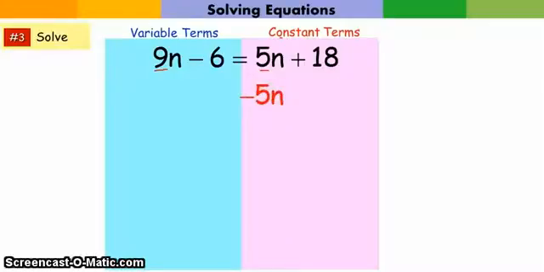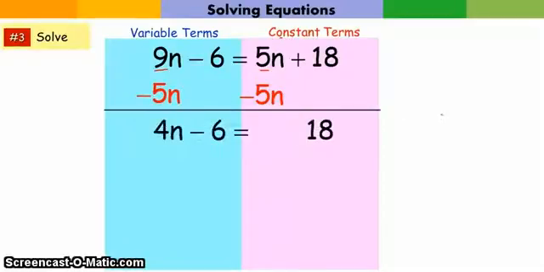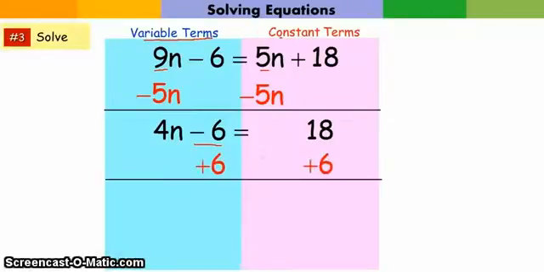Of course, that will sum to 0. But if I do it to this side, I of course do it to this side. Now I want to get rid of my constant from my variable side. So I add 6 to both sides. Negative 6 and a positive 6 gets rid of the constant. On this side I have a variable term, this side I have a constant, exactly like I want. Now I can solve for him.